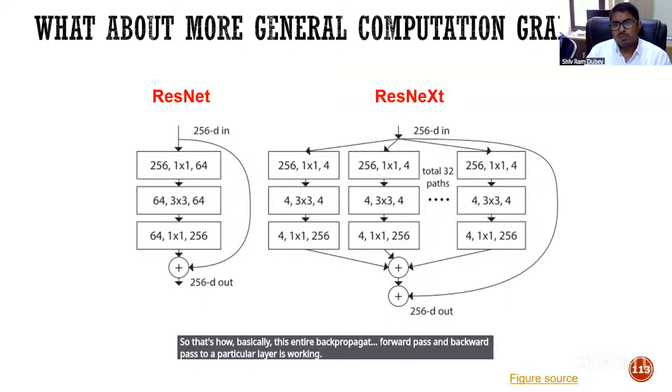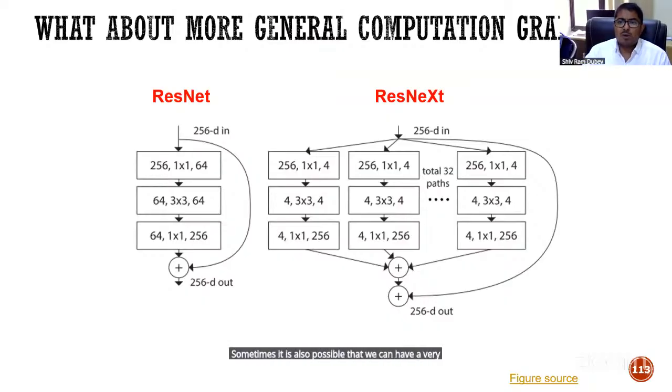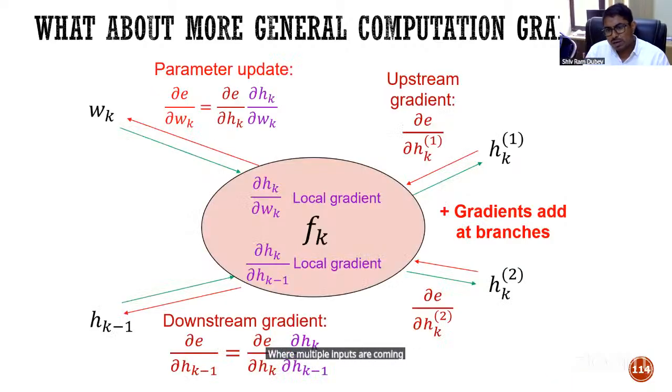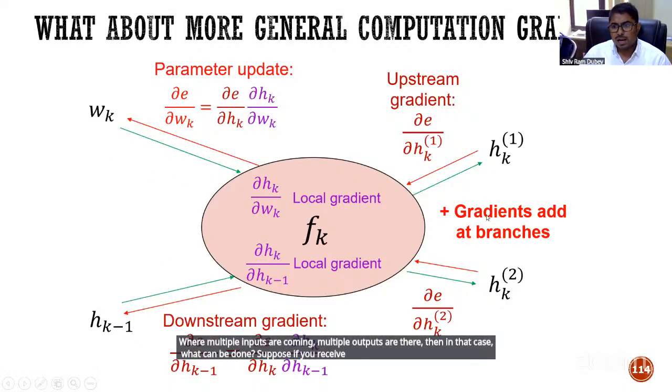Sometimes we can have a very complex computational graph where multiple inputs are coming in and multiple outputs are going out. In that case, during the forward pass, when we have multiple outputs, exactly the same thing is copied to all the branches.